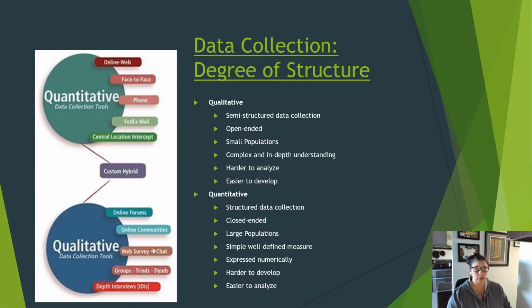So people tend to do smaller populations with qualitative data because of the amount of by-hand analysis that you have to do. Does that mean that it's always going to be a small population that you're analyzing with qualitative data? Absolutely not. There are absolutely research studies out there with huge sample populations, huge target populations that have qualitative data as their data collection method or part of their data collection method.